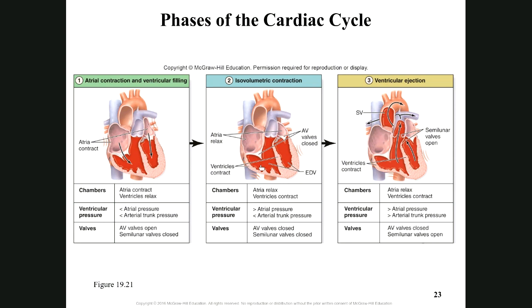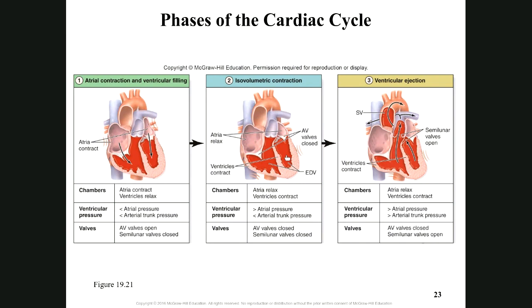This blood can hit the AV valve when it wants to circulate, and it makes the first sound of the heart, which we call the lub sound. So the first sound of the heart is the AV valve closure and the blood hitting from down to this AV valve on both sides of the heart.